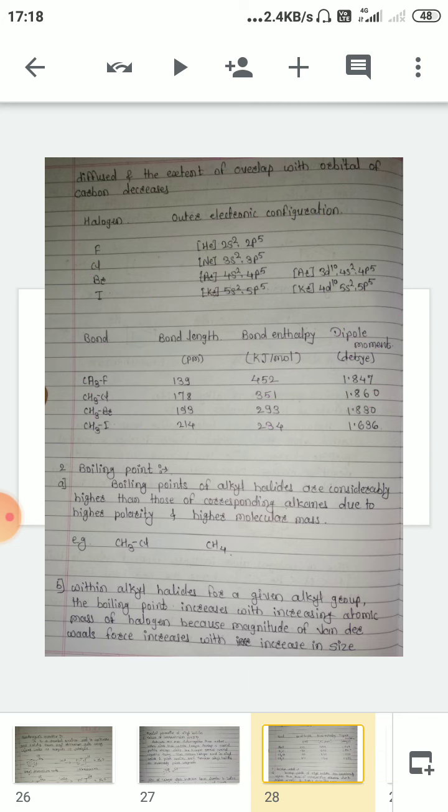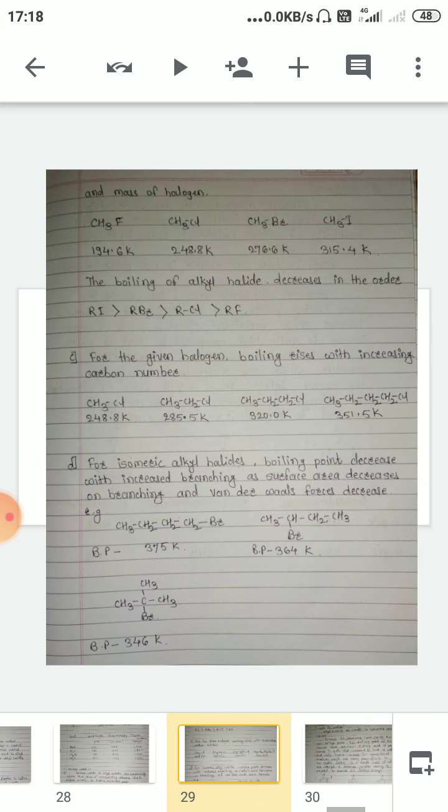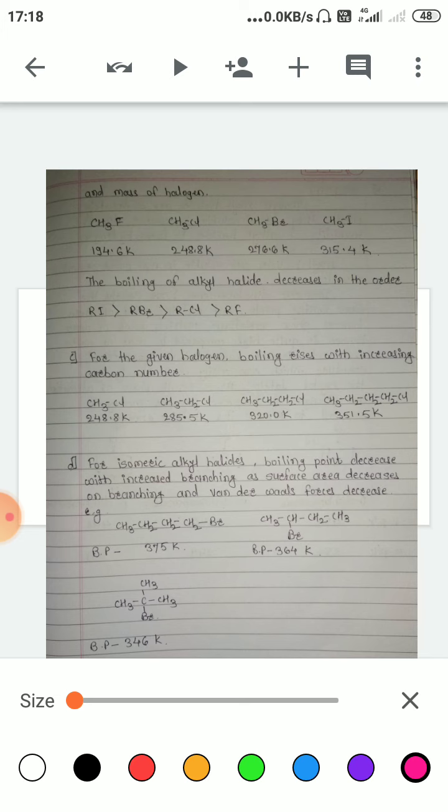within the alkyl halides for a given alkyl group. Now if we consider the same alkyl group with different halogens, then see the next page. If we take a methyl group commonly: methyl fluoride, methyl chloride, methyl bromide and methyl iodide.